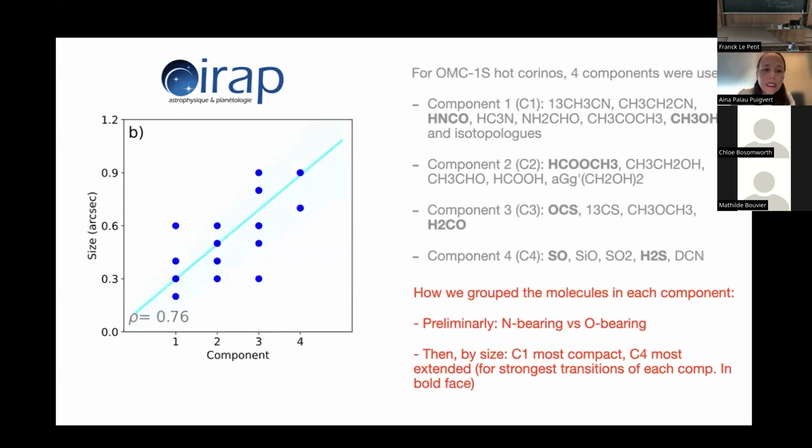So here, I'm just showing this in a diagram, but there's no physics here. We just chose the components according to the size of the transition. So the fourth component is the most extended one.